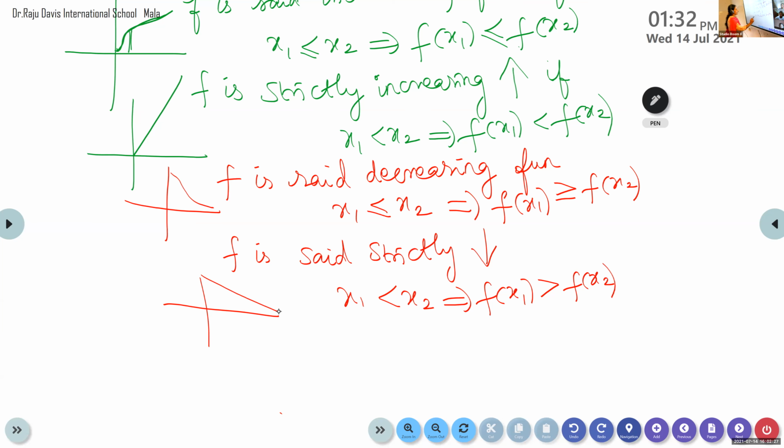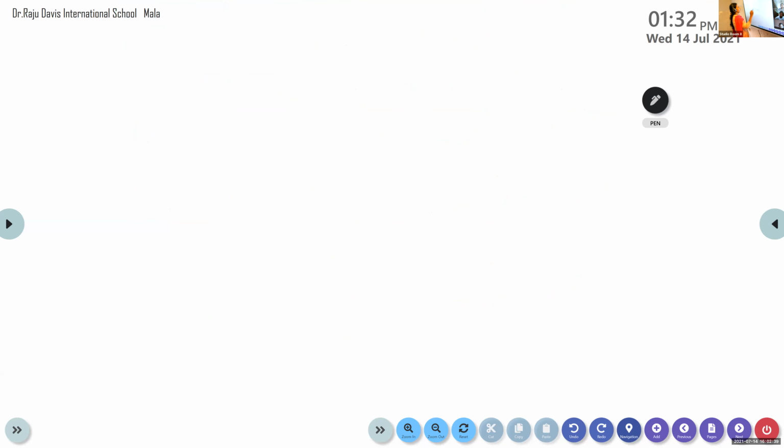Now, suppose I am drawing a graph like this. Is it increasing or decreasing? One second, I will draw it somewhat. Suppose I am drawing like this. Then is it increasing or decreasing? As a whole, we can't say whether it is increasing or decreasing, isn't it?